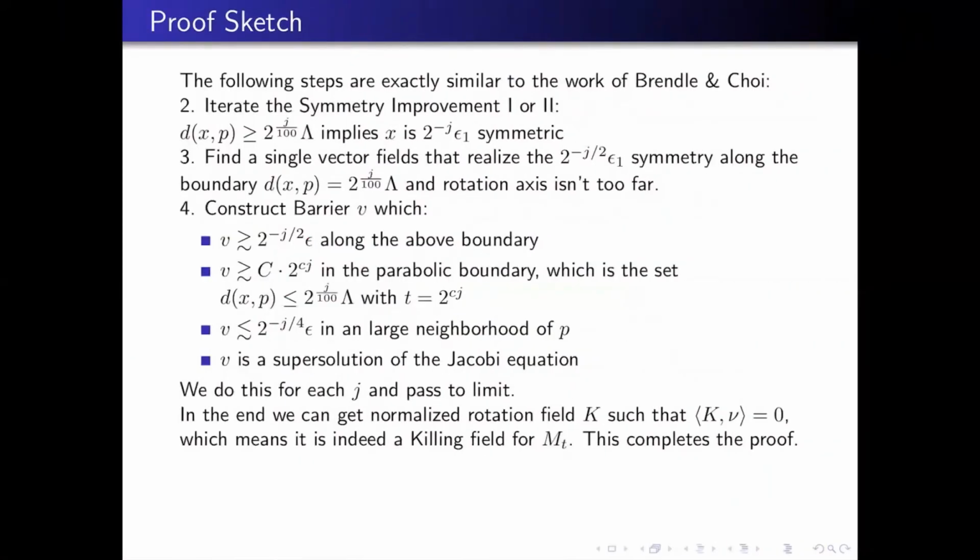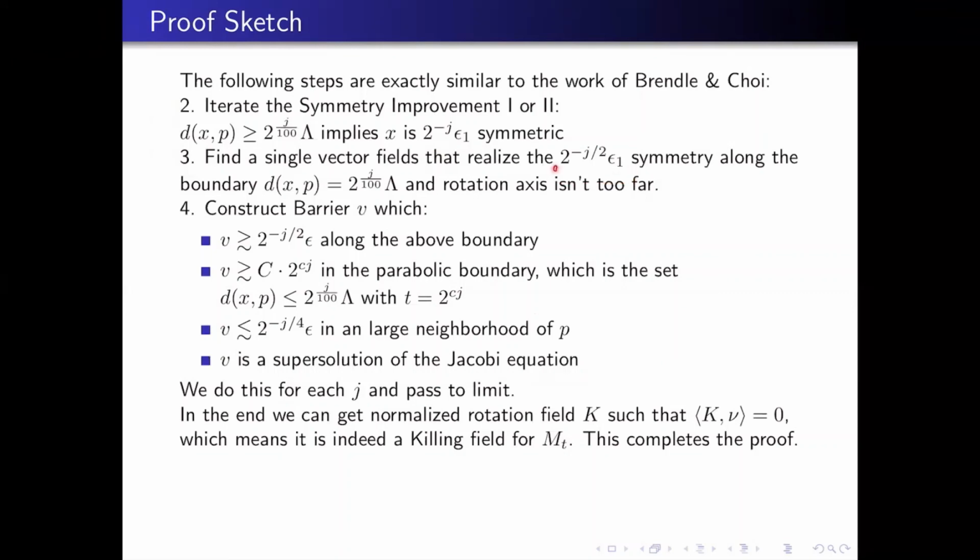Then we follow exactly similar steps as the work of Brendle and Choi. The first is that we iterate the symmetry improvements, either one or two, to obtain the following conclusion, that if the point is getting further and further away, then it's getting more and more symmetric. Then we find, using the gluing arguments, a single vector field that realizes 2 to the minus a half J epsilon symmetry.